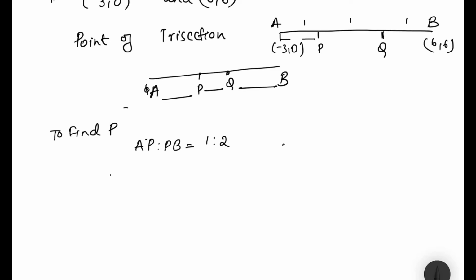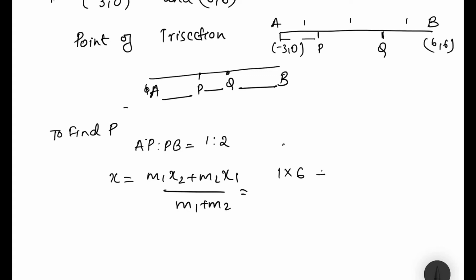X will be equal to (m1 x2 plus m2 x1) by (m1 plus m2), right? So m1 is 1, x2 is 6, 1 into 6 plus m2 is 2 into minus 3, by 1 plus 2. 6 minus 6 by 3 equal to 0 will be your point x.